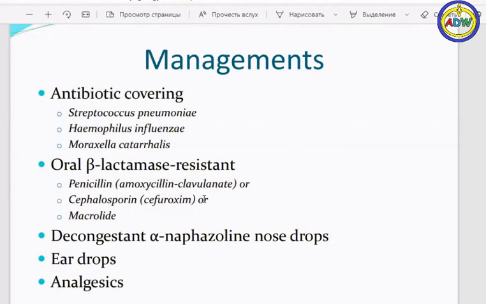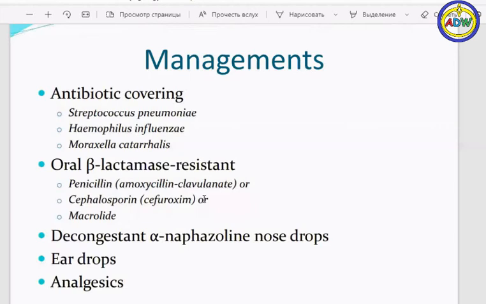The same disease in different patients will be different, so we have to choose antibiotics individually, because sometimes a patient has an allergy to the penicillin group or cephalosporin group, and we have to use a macrolide.